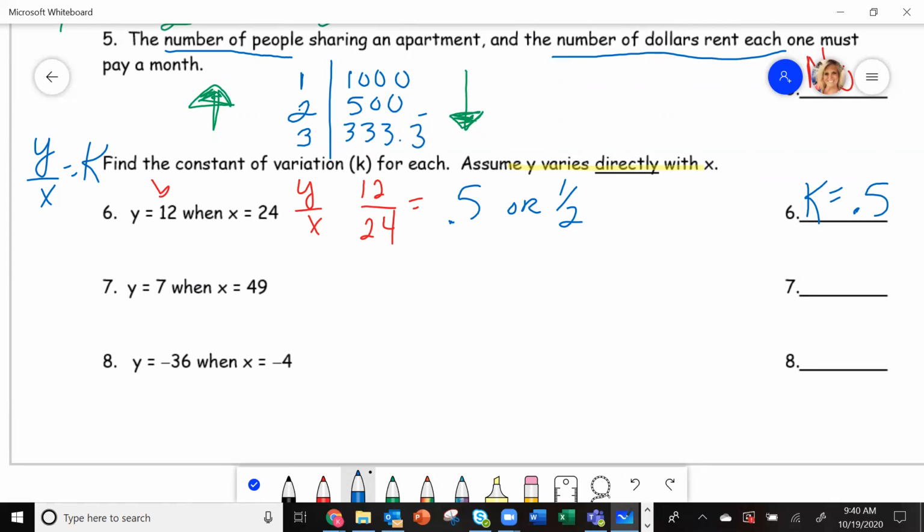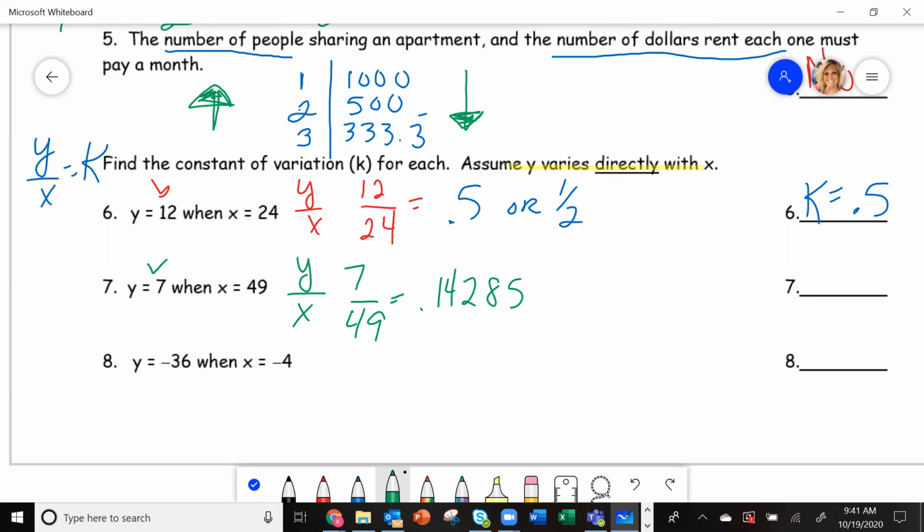The second one, y divided by x. Y is 7, x is 49. When I put 7 divided by 49 in my phone calculator, the biggest mistake is people are going to tell me it's 7. It's not 7. It ends up being 0.14285, and so on.